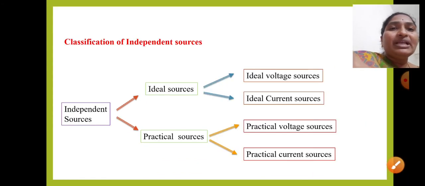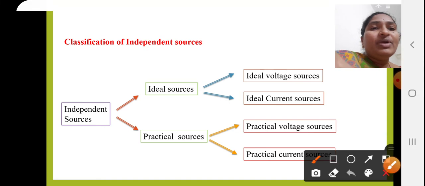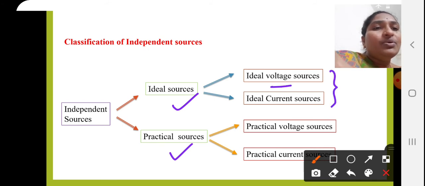Next, coming to the classifications of independent sources. Independent sources are classified into two types, ideal source and practical source. Again, ideal sources are classified into two types, ideal voltage source and ideal current source.